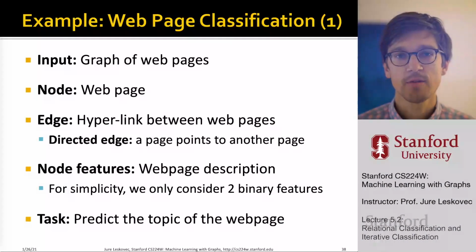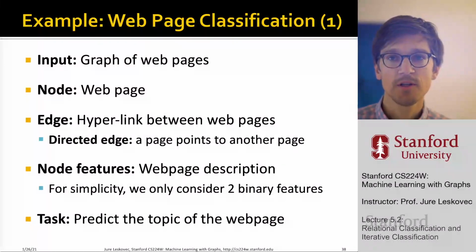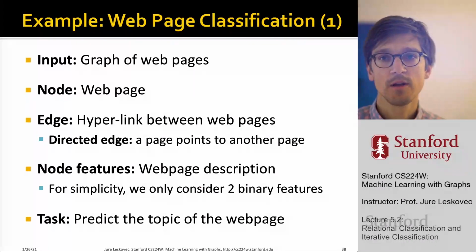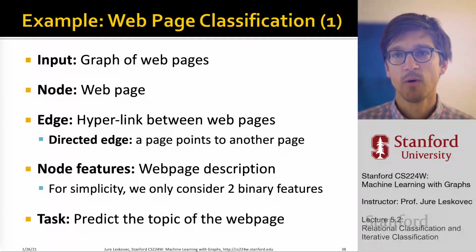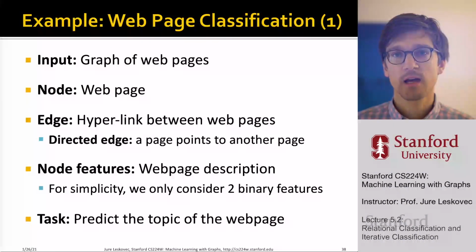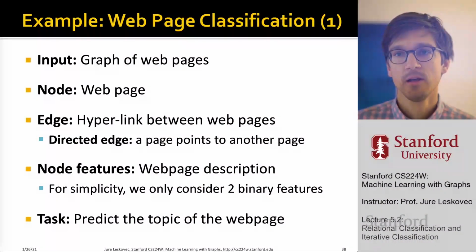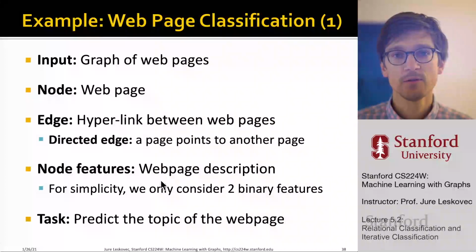And imagine that every node in my network is described with a set of features. In our case, we could simply assume that these features capture what words, what text, a web page is using. And imagine that the task we want to do is to predict the topic of the web page. And what we would like to do in this prediction is use two facts. First, of course, we'd like to use the words of the web page to predict the topic.